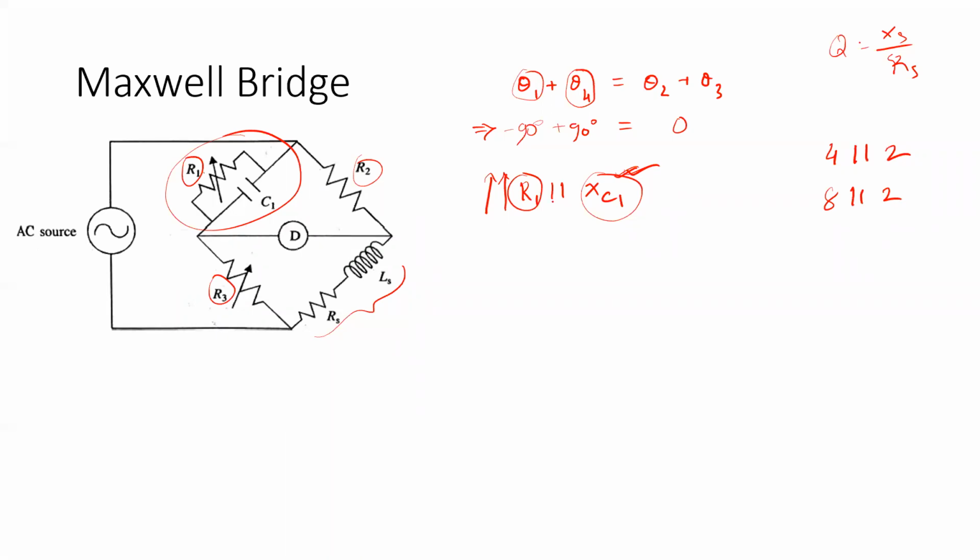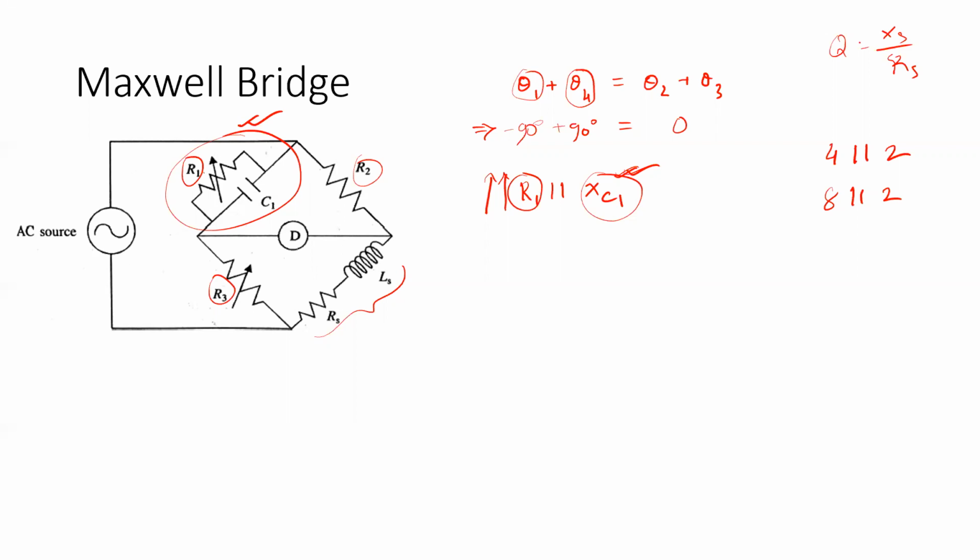If you take 8 parallel to 2, it will be even closer to 2. So when we are taking a parallel combination between two elements, the equivalent impedance or resistance, whatever you say, would be closer towards the lower quantity. So for this particular combination, in order to make this branch more capacitive, a very high value has to be set for resistance R1, but practically variable resistors of very high range are not available.